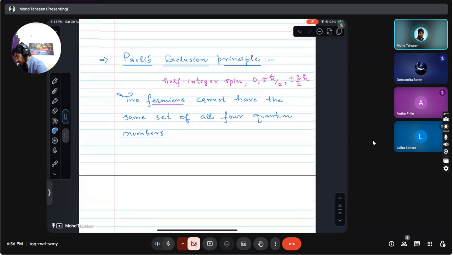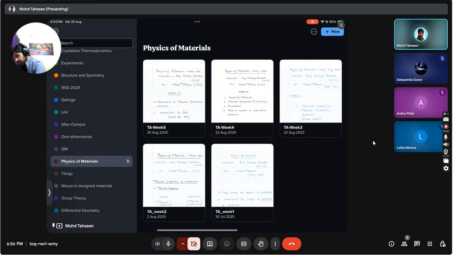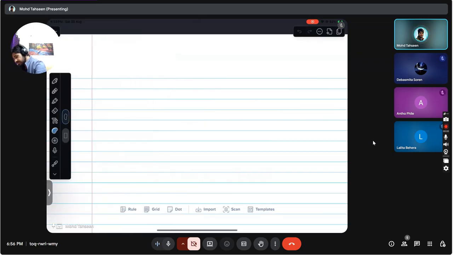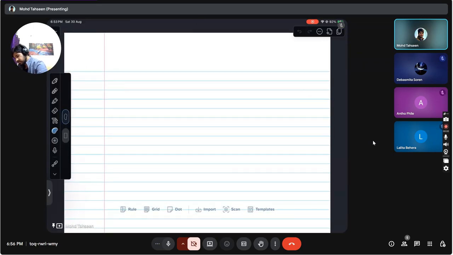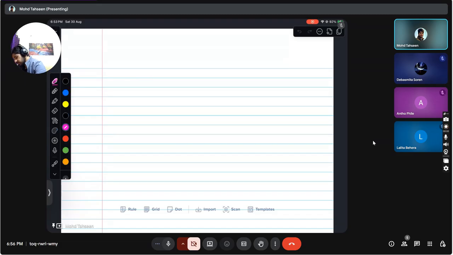So before that, let me just write here. Now this is an important concept that we are discussing, how to integrate quantum mechanics into, let's say, these models, the Drude model.